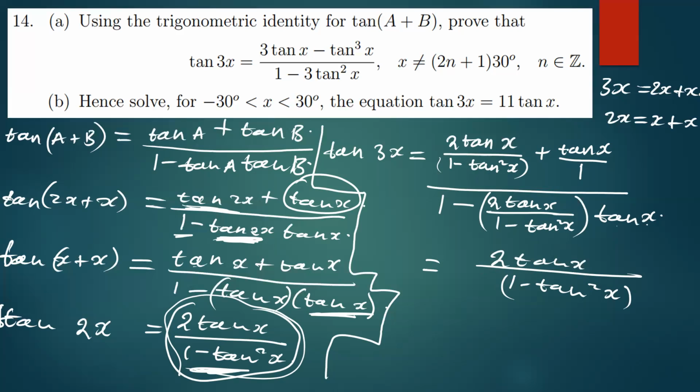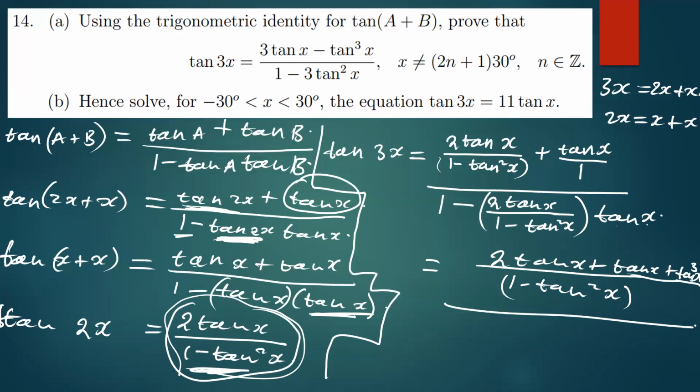Then plus 1 minus tan squared x times tan x, which gives plus tan x plus tan cubed x. I hope you can see.